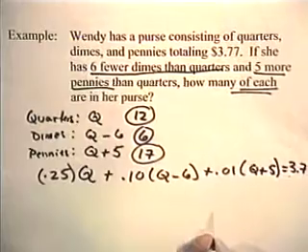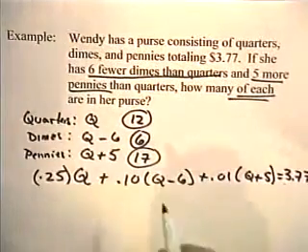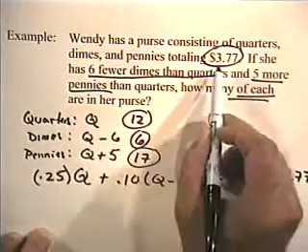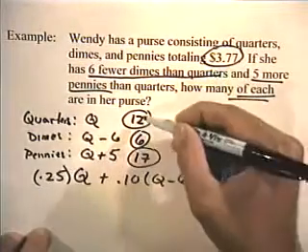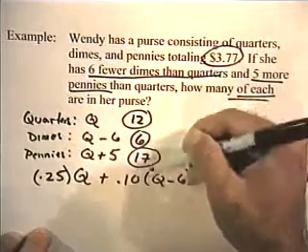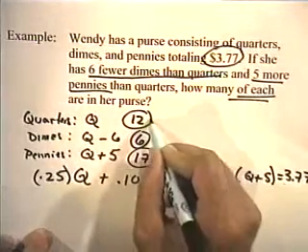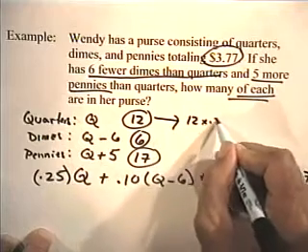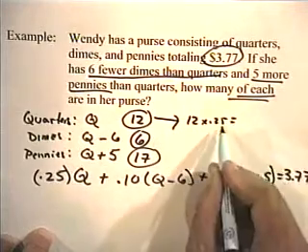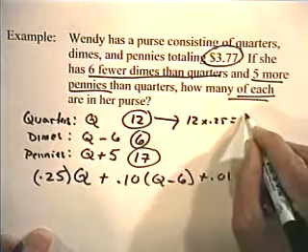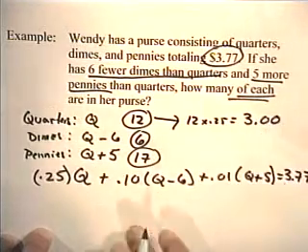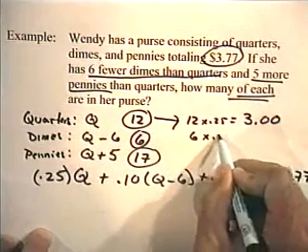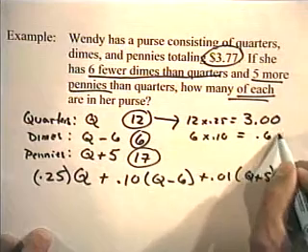Now let's just check and make sure. Now how can we check? Well, we know that the total is $3.77, so let's see if this adds up to $3.77. Well, 12 quarters, 12 times 0.25, what's that? 12 quarters would be $3. 6 dimes, so that's pretty easy. 6 times 0.10, that's 60 cents.